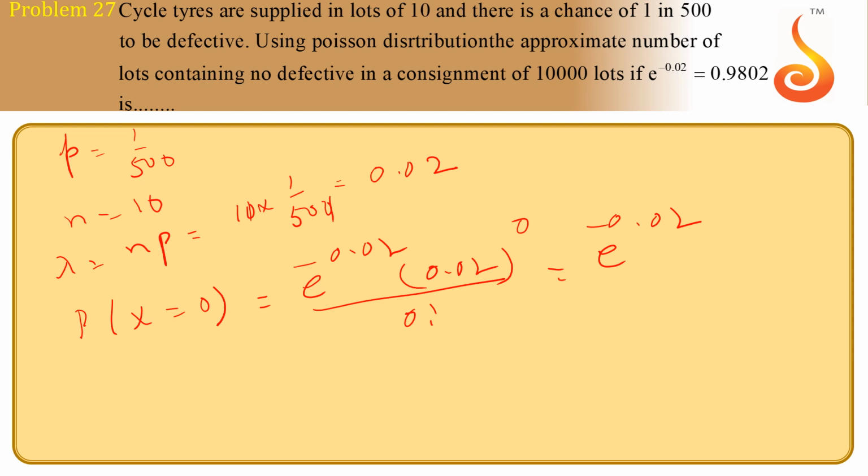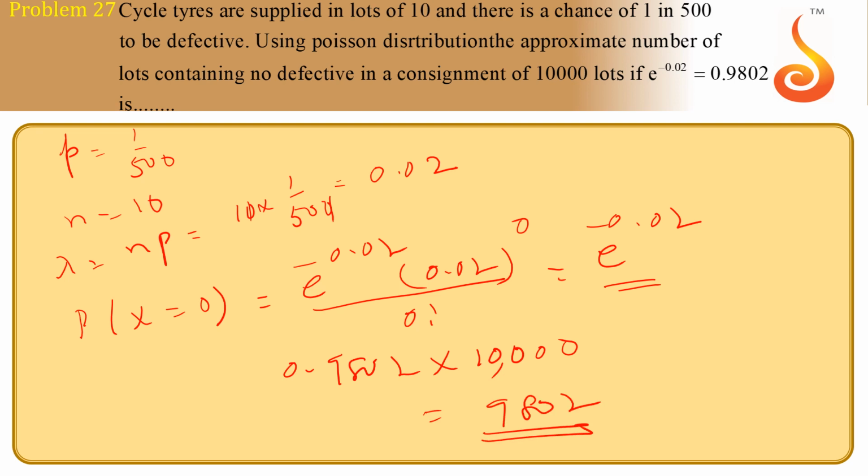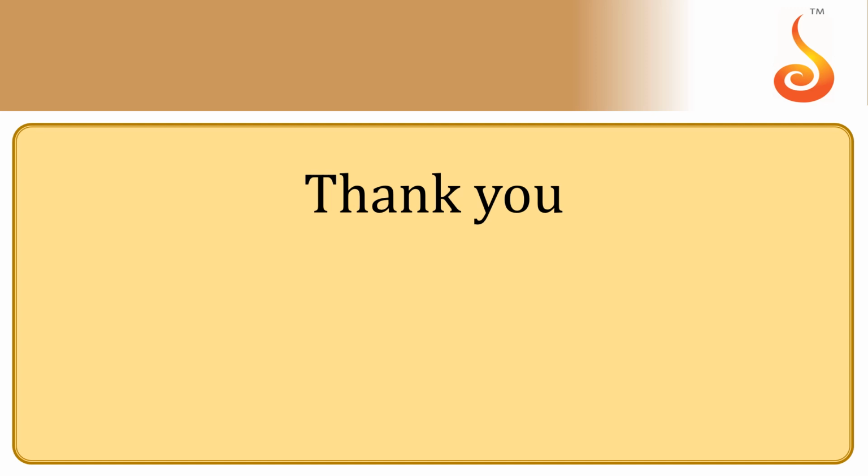Then in a consignment of 10,000, this value is already given as 0.9802, into that consignment contains 10,000 lots. So the answer is 9802. So there are expected 9,802 lots in that consignment of 10,000 in which no defective tire is there. Okay, thank you.